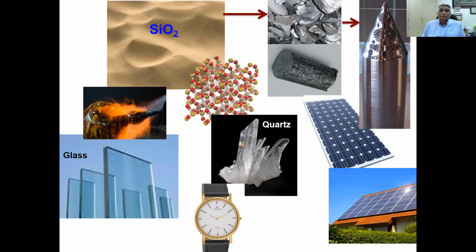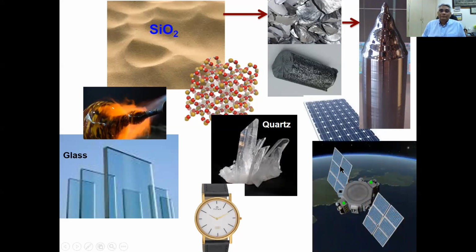So yeah, this is a typical application of a rooftop photovoltaic cell. And of course, the satellites and space labs, they're all powered by silicon, always. Also gallium arsenide based photovoltaics.